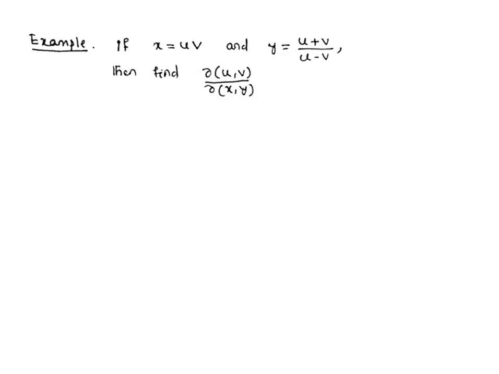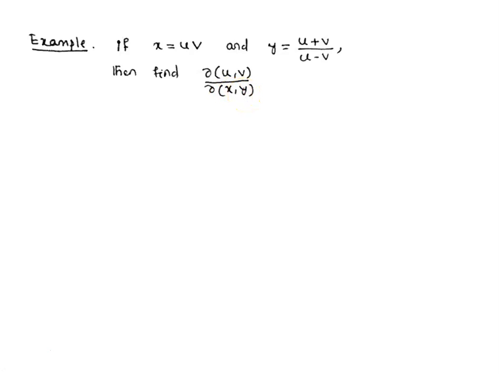Now here we have an example based on the first property of Jacobian. If x is equal to uv and y is equal to (u plus v) divided by (u minus v), then find the Jacobian of u, v with respect to x, y.